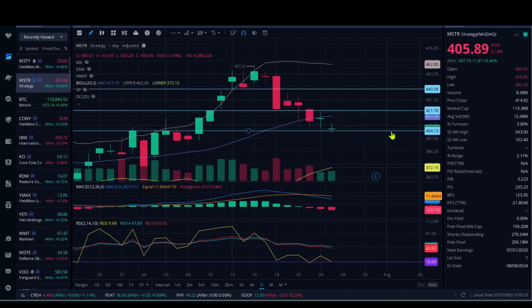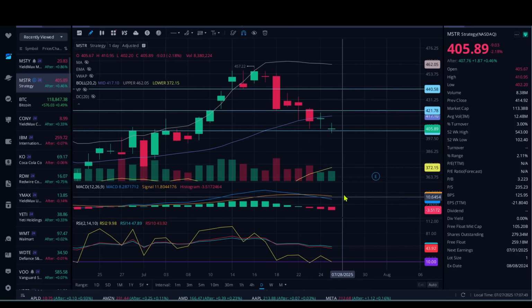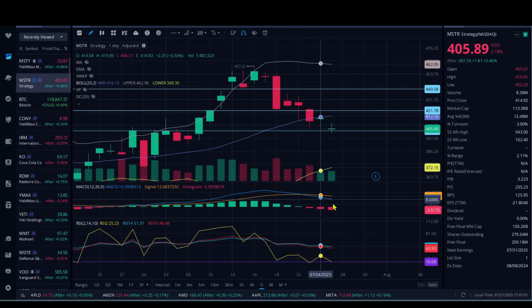So we'll see come Monday, can we hold that support line? Now, a couple of the things that are going against us to see if we can hold that support line are the fact that the momentum bars here are getting a little longer on the red side, right? And that means that momentum on the red side, or the downside, is increasing. We do have this separation on the MACD.